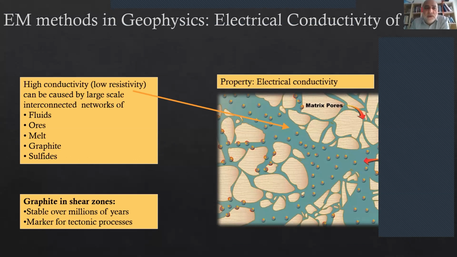This material could be fluids, ores, milled graphite or sulfide. If they are interconnected on a larger scale, they cause the kind of conductive anomaly that we will talk about and present using the magnetotelluric method.